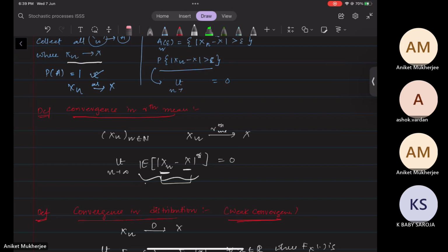In probability, you can say that I want to find the probability of all these events and show that it is 0. Now, expectation of this means it will not always converge, but most of the time it will converge. It's not in a sense weaker than probability, but it's like the most expected thing that could happen is xn would converge to x.